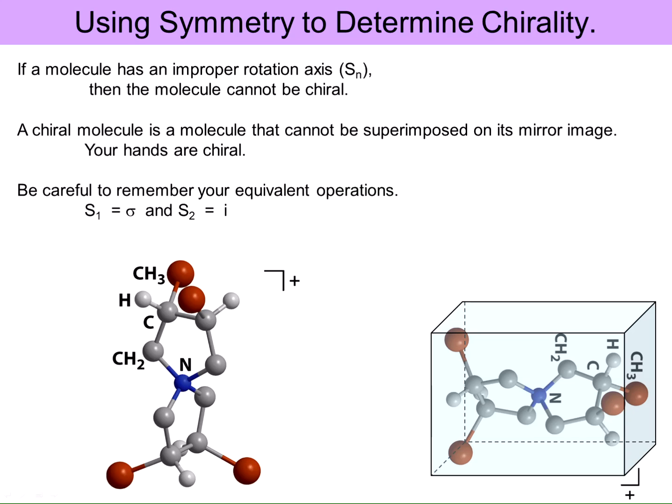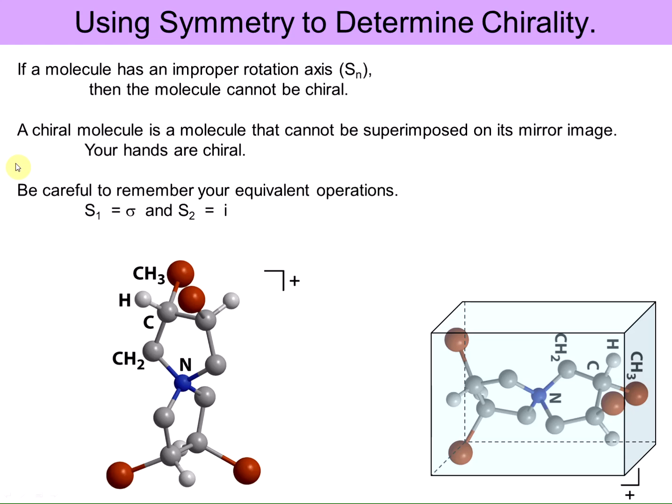We can also use symmetry to determine whether or not a molecule is chiral. If a molecule has an improper rotation axis, so remember that Sn, then the molecule cannot be chiral. And remember, a chiral molecule is a molecule that cannot be superimposed on its mirror image. Your hands are an example of chiral objects.